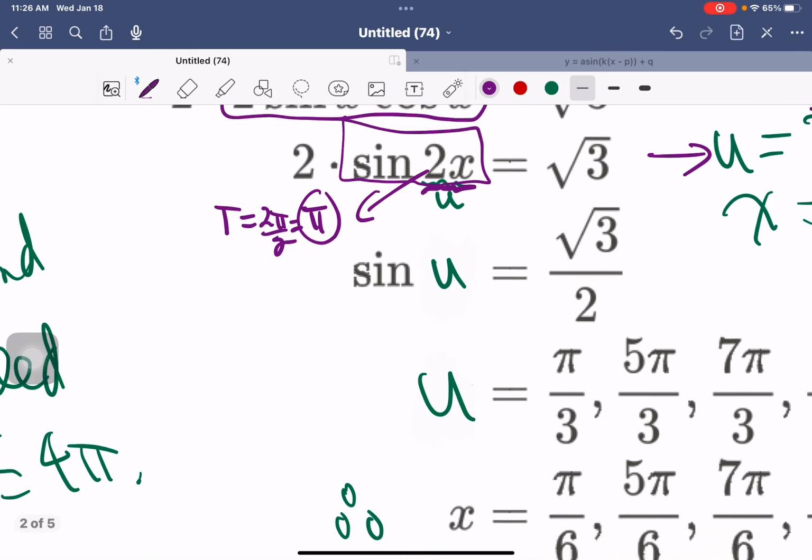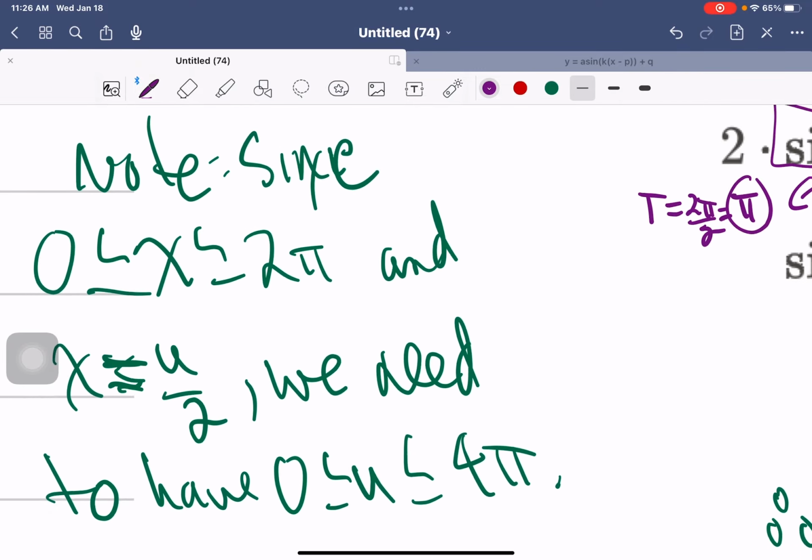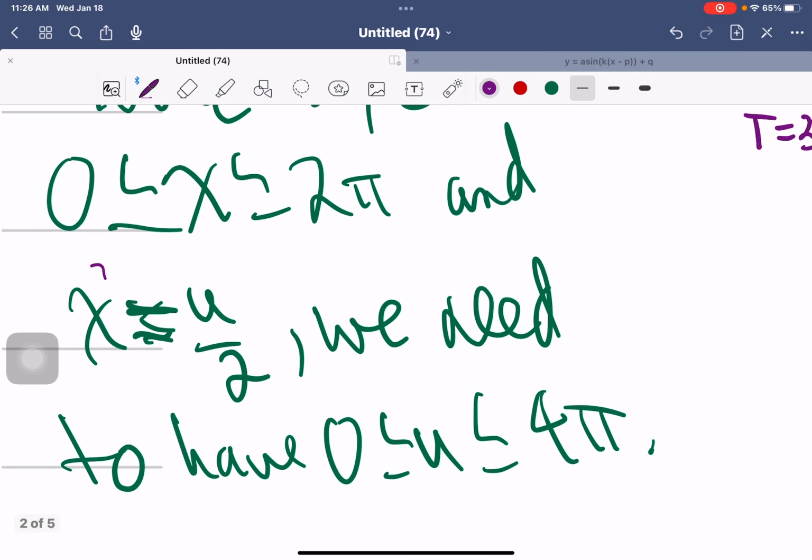So I want you to think of it this way. x is worth u over 2, right? Because we set u equals 2x. So what it means is u's going to give me 2 solutions between 0 and 2 pi, but that's going to give me 4 solutions for x, right? Because x is u over 2.